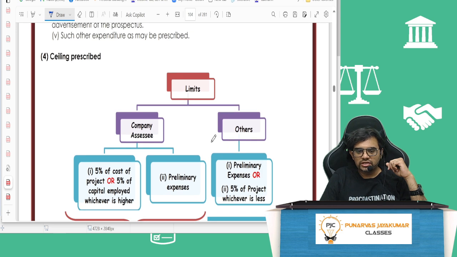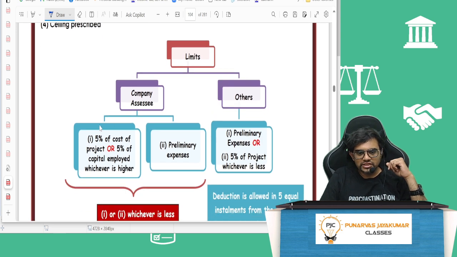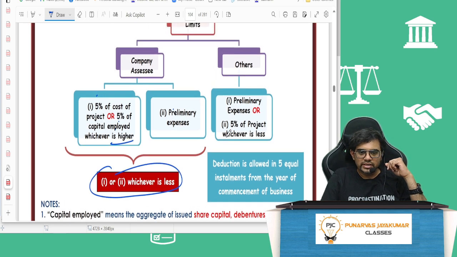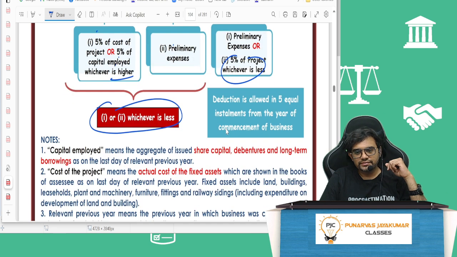This is the limit that you will get: 5% of the cost of project or 5% of capital employed, whichever is higher, or the preliminary expenses, whichever is less, for a company or SSE. For others, preliminary expenses or 5% of the cost of project, whichever is less, you will get.